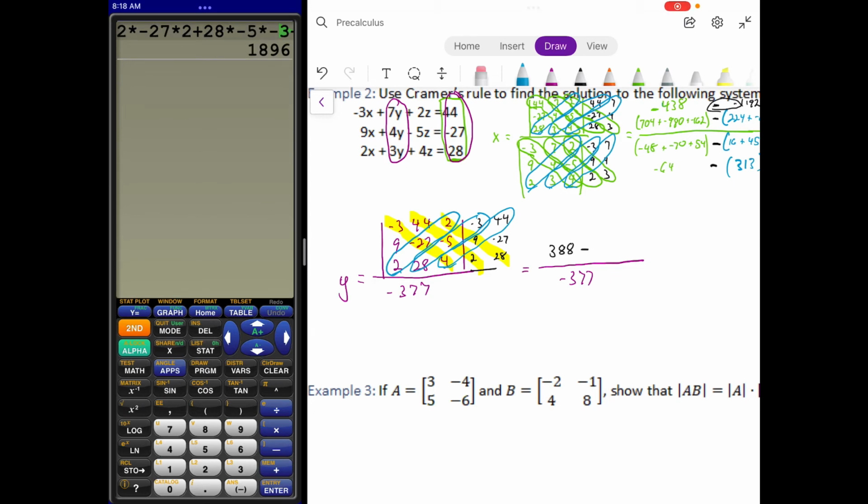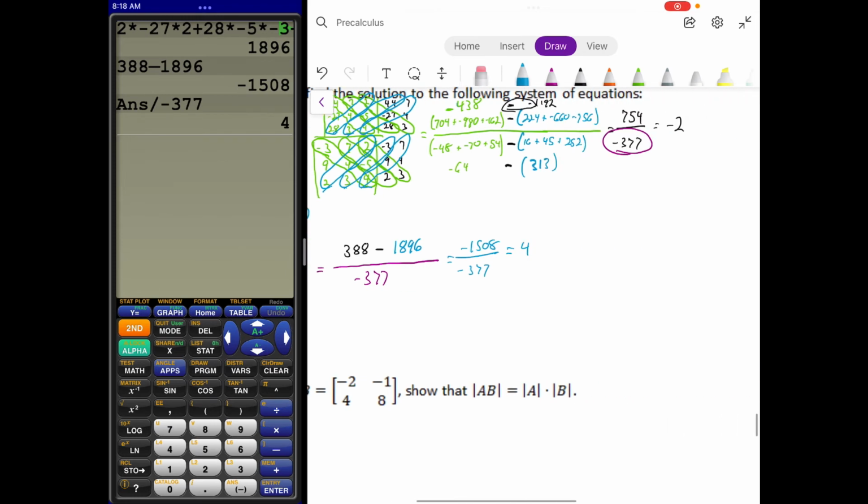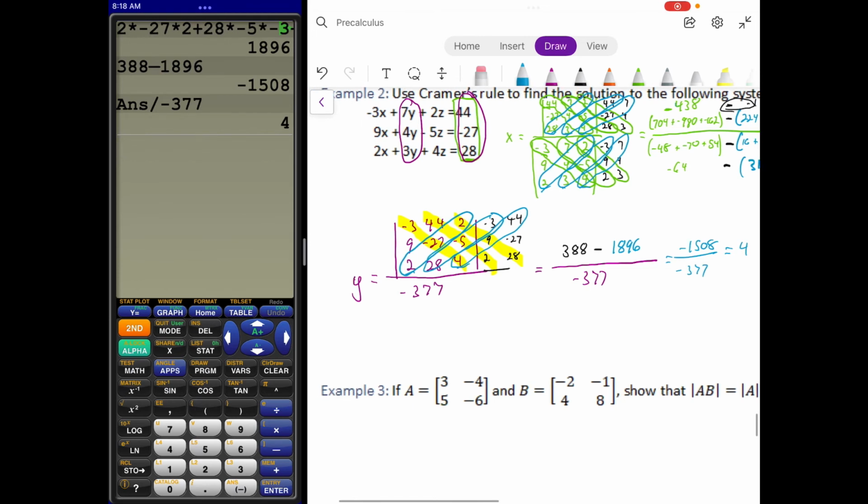And that is 1896. So we want to do 388 minus 1896. That gives us -1,508 over -377, which is 4. So we get x is -2, y is 4.